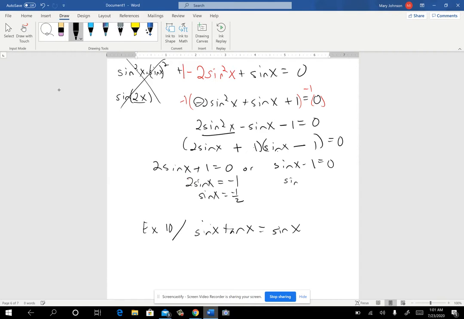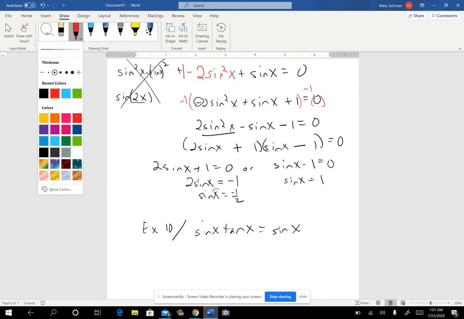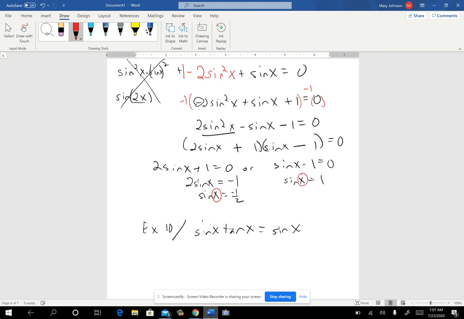Over here, I'm going to add 1. Then you go to your unit circle and think about where you need to be. So for the sine to be 1, I've got to be up here, which makes x equal to pi over 2. And again, we're only solving from 0 to 2 pi on this part of the sheet.